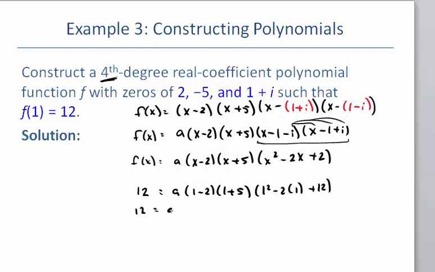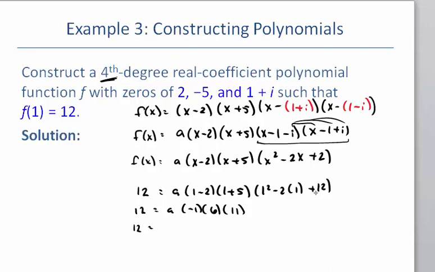Okay, so I have 12 is equal to a times -1 times 6 times 1 minus 2 plus 12 would be 11. So I have 12 is equal to, all right, hold on just a second. That is a 2, so I just made a careless mistake there.